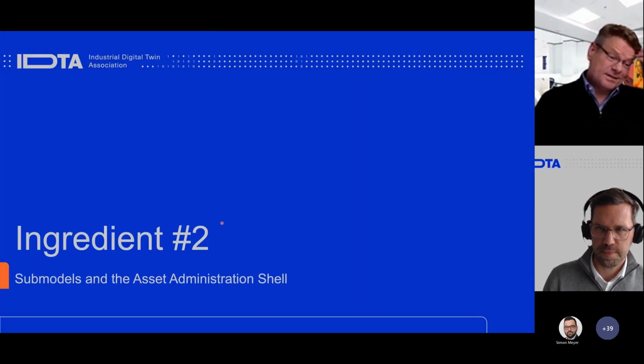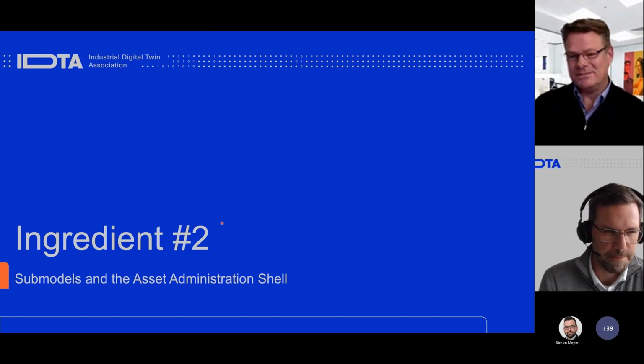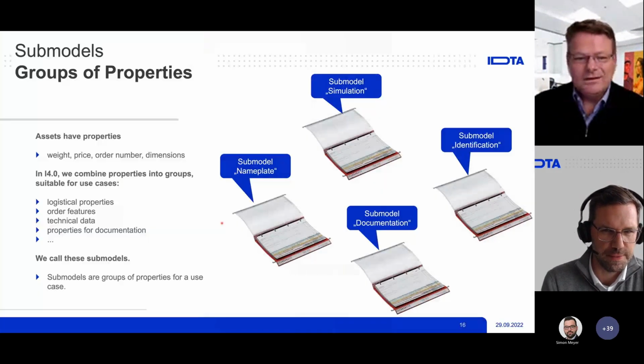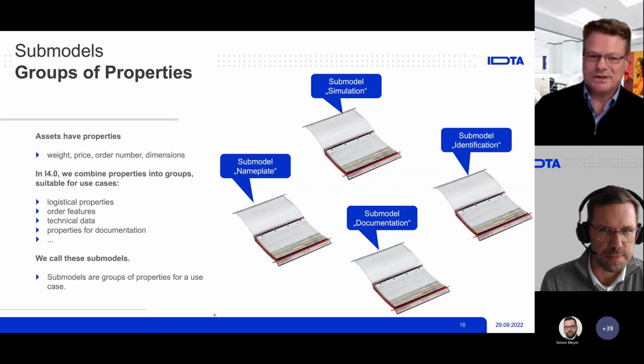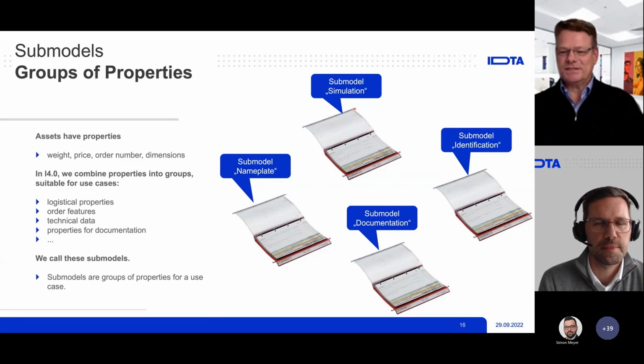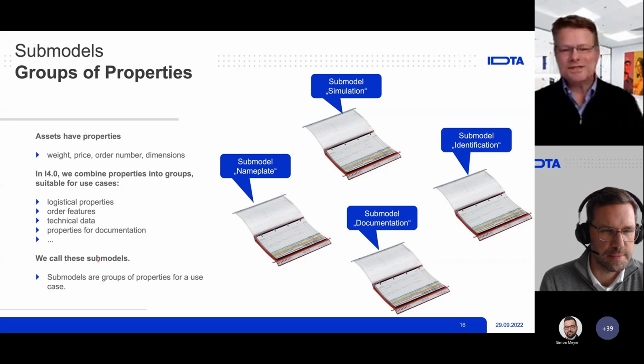Second ingredient, submodels in the asset administration shell. So now we are coming to the core functionality, basically. In Industry 4.0, we look at certain use cases. For example, there is a use case that deals with simulation. There is a use case which is dealing with documentation. And the information that is needed for these use cases is put into groups, and we call these groups submodels for certain reasons.